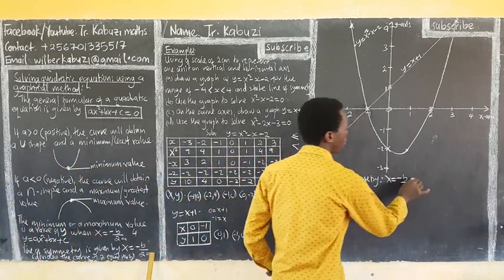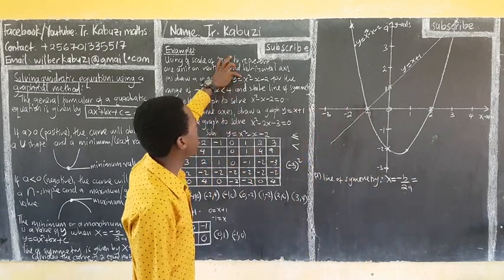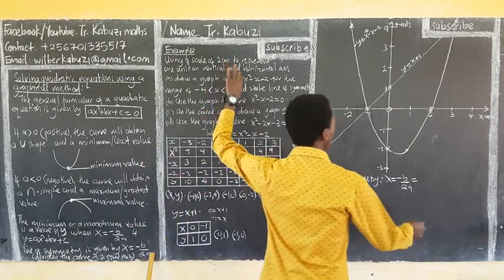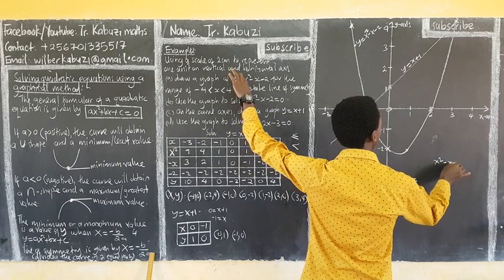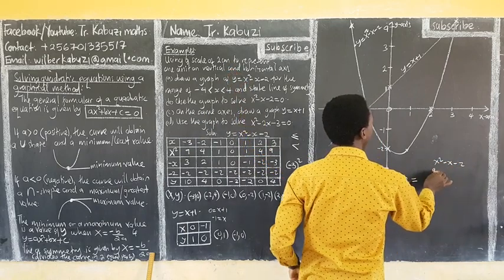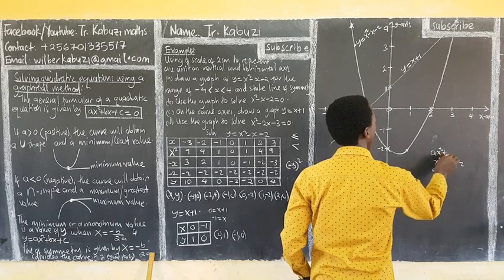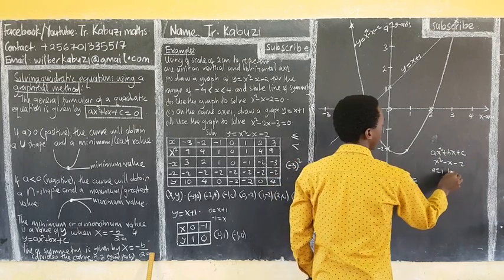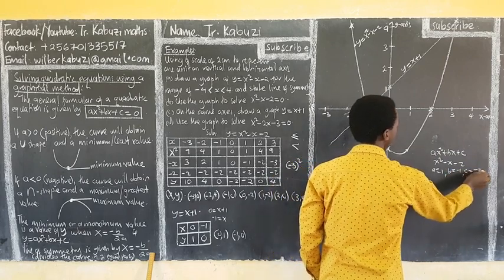Now you come to your graph, and then you come to this. Start from here. Your a is 1 if you use this one, x squared minus x minus 2. So my a is 1. Then you compare with ax squared plus bx plus c. Your a is 1, your b is negative 1, and your c is negative 2.